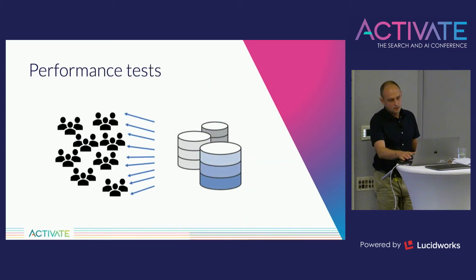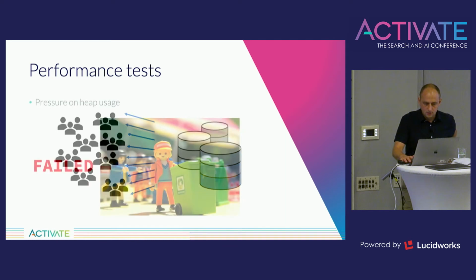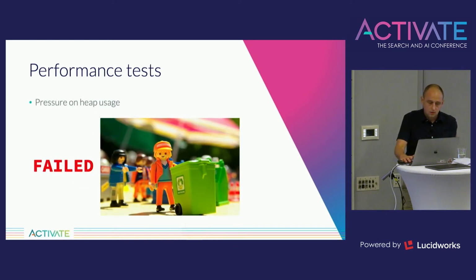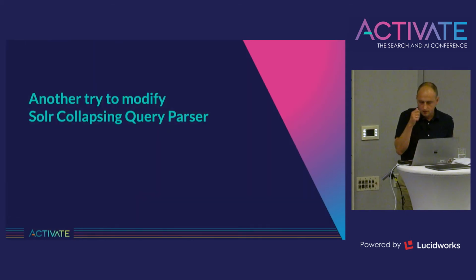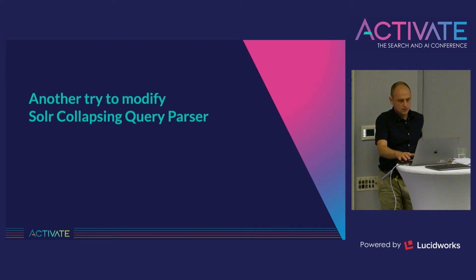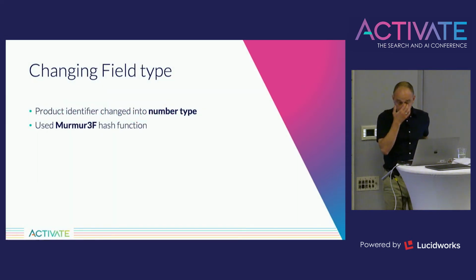And as a result, our performance test failed with the pressure on the heap too big to meet our request time SLA. And we decided to modify our collapsing query parser once again.